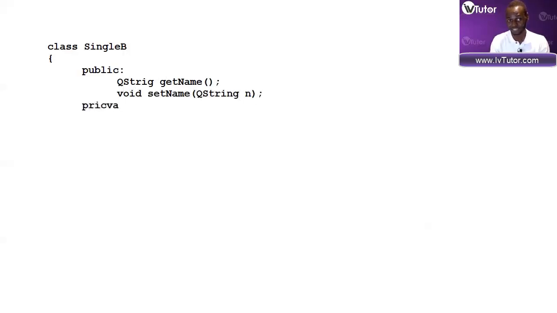Then under private, now I can apply my singleton. Let's hide the constructor, single B. Let's introduce a static variable, single B, instance or only instance, whatever you want to call it. And you can still have your QString name here.